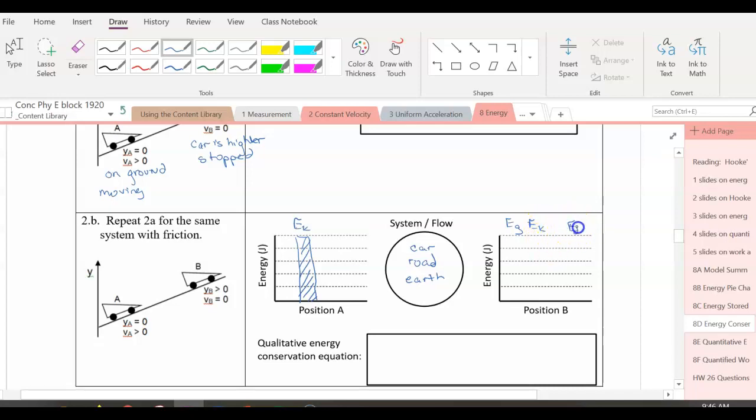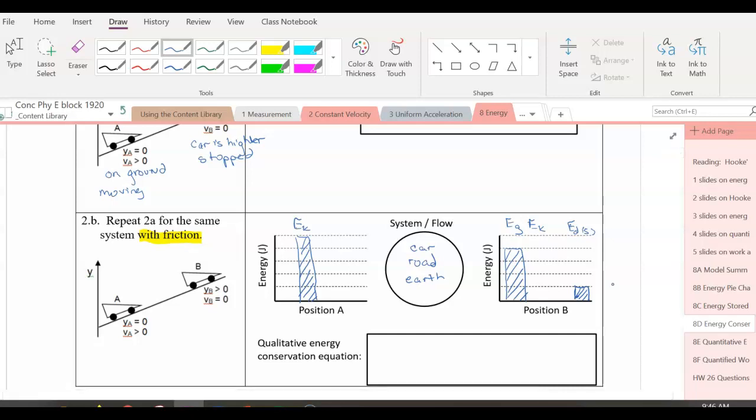And now that there is friction, that was our change, I need to allow for some of my energy to get transferred into the dissipated energy category. And so I guess that means that I have less height. There must be less gravitational potential energy here at position B. That's because I only had 5 blocks of energy to start with, right?